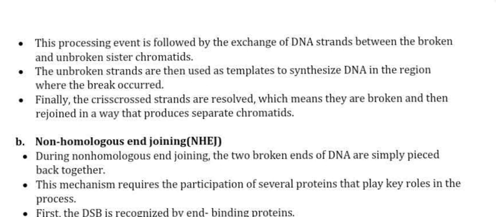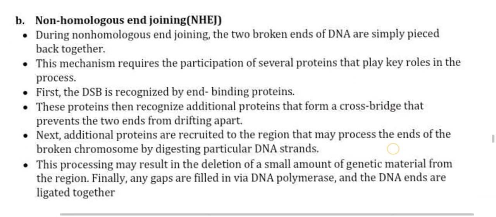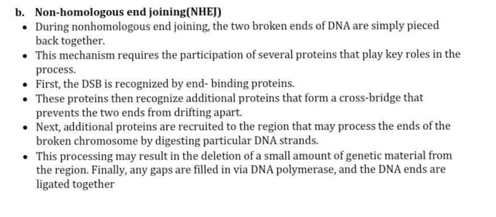The unbroken strands are then used as templates to synthesize DNA in the region where the break occurred. Finally, the crisscrossed strands are resolved, which means they are broken and then rejoined in a way that produces separate chromatids. Then non-homologous end joining, or NHEJ.